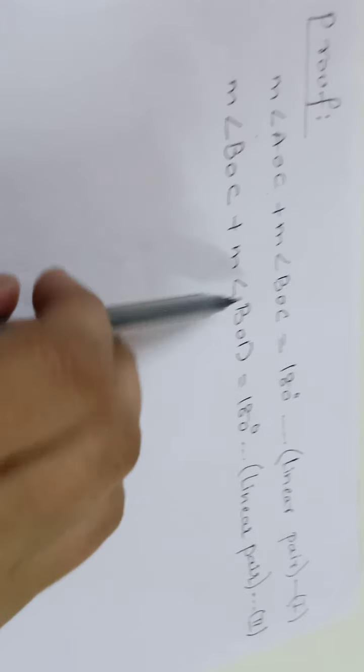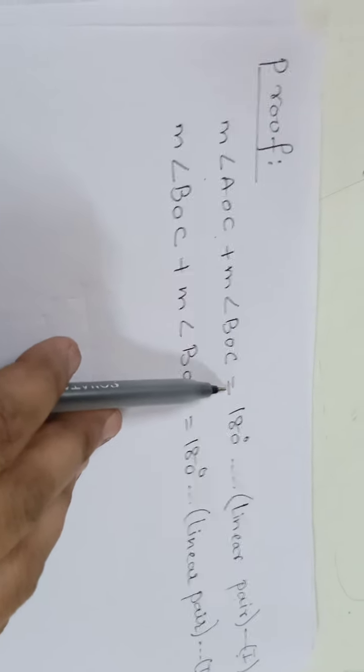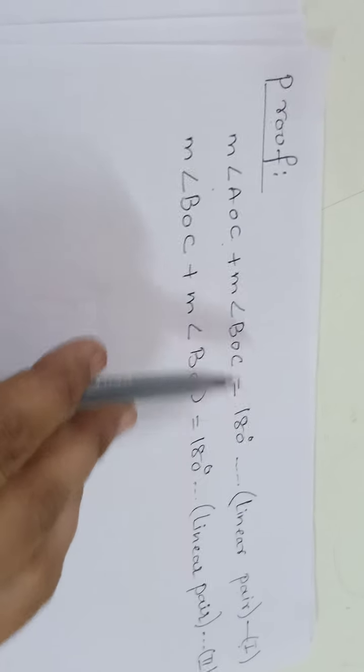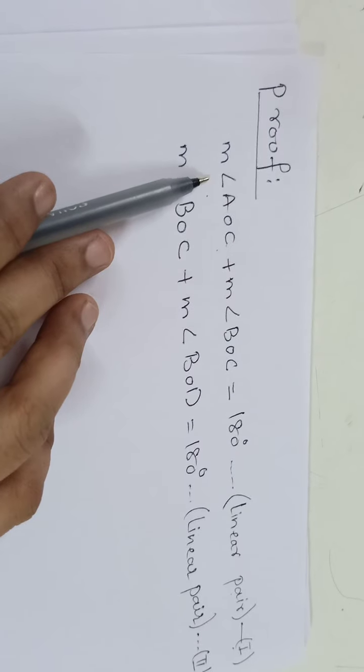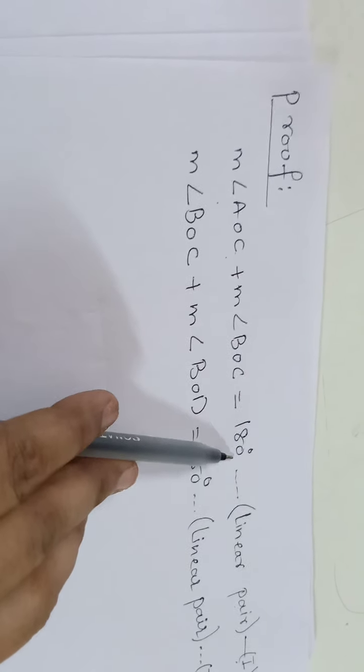Now, listen carefully, whenever we are writing any equation, the equal sign will be in the middle. Something is on the left hand side and something is on the right side. The terms at the left side are called the left hand side, and the terms on the right side are called the right hand side.